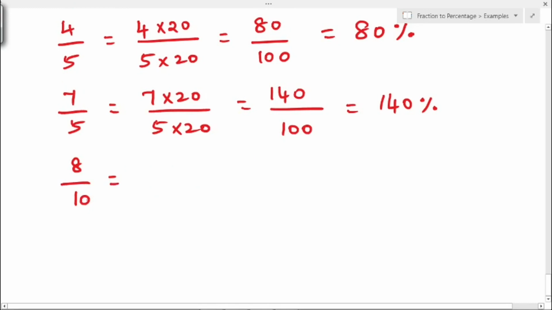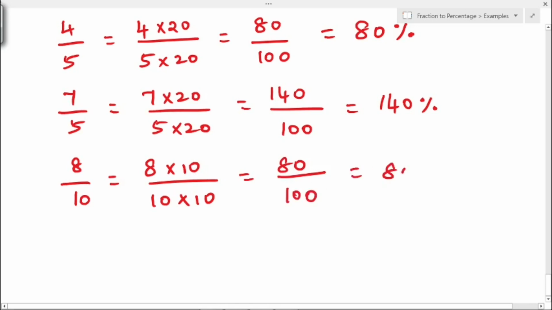So we have to convert this into 100. If you multiply with 10, you will get 100, right? So 8 into 10 divided by 10 into 10. If you multiply 10 with 10, you will get 100. So in the numerator we have 8 into 10, that is 80, divided by 100. So that is nothing but 80%.